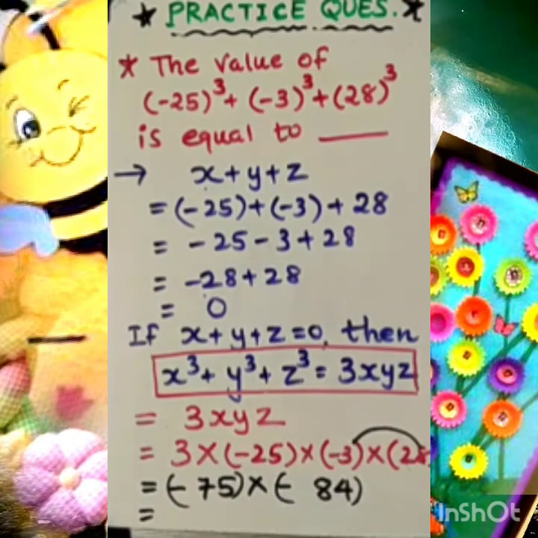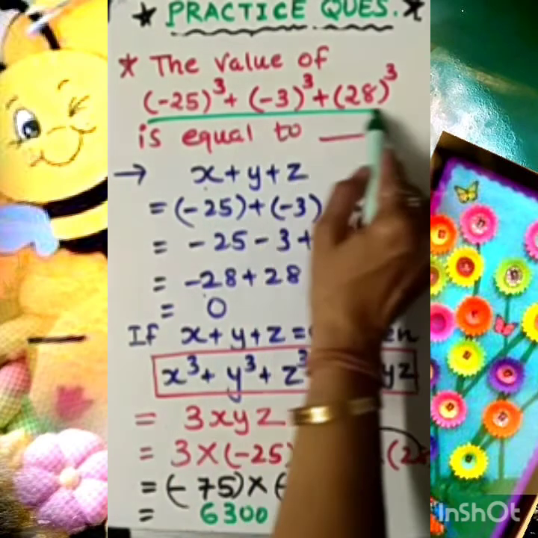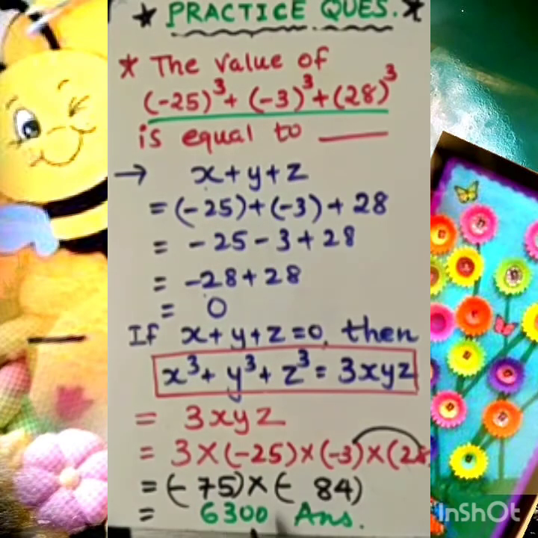So let's multiply 75 with 84 in rough form. The product of this is coming 6300. Of course minus minus is plus, so the solution of this is 6300. Clear to you?